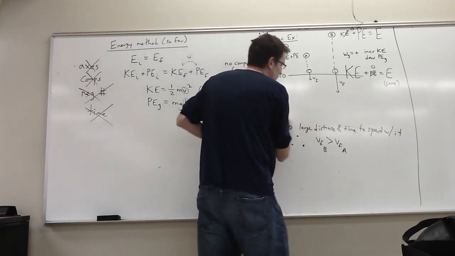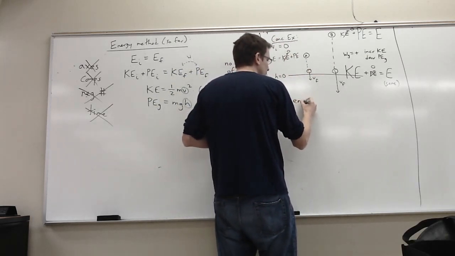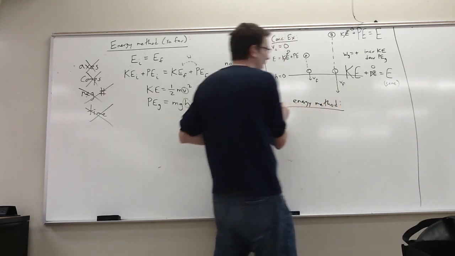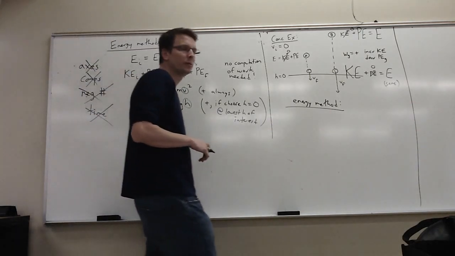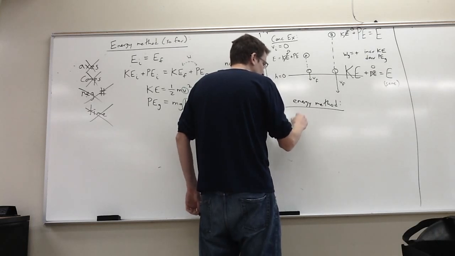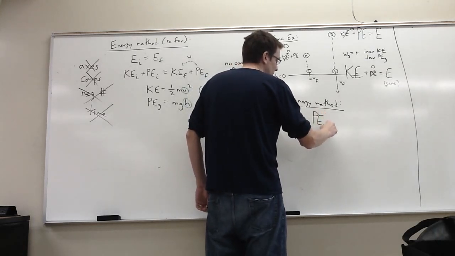let's write that down in the energy method. How might we explain why it is that ball B impacts faster? Well, what we would say is this, is that initially the potential energy of B is bigger.